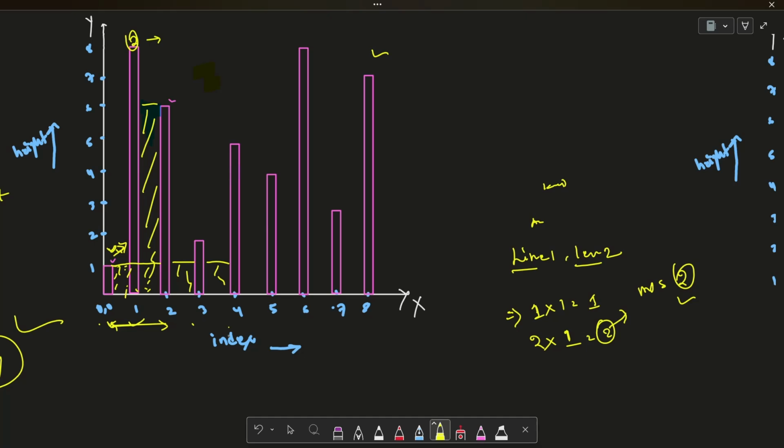The width is 1, the height is 6. 1 into 6, 6. If it is more than the previous one, it will update. If it is not more than the previous one, it will not update. Again we will compare these two. How much water will it contain? This much. Again we are calculating the area and finding out how much water it will contain.